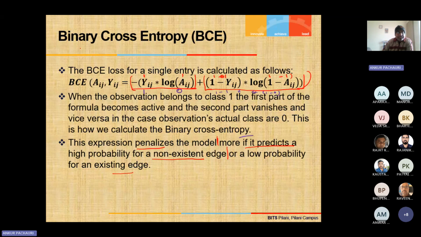So this is the binary cross entropy loss for a single entry, for each and every entry, with Aij and Yij.